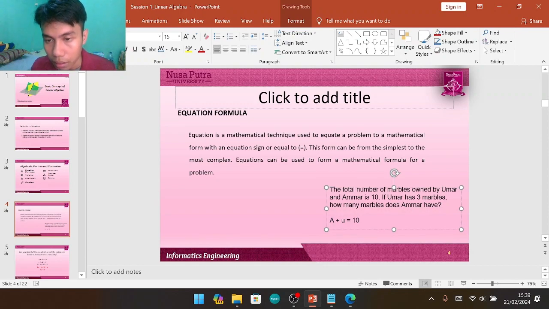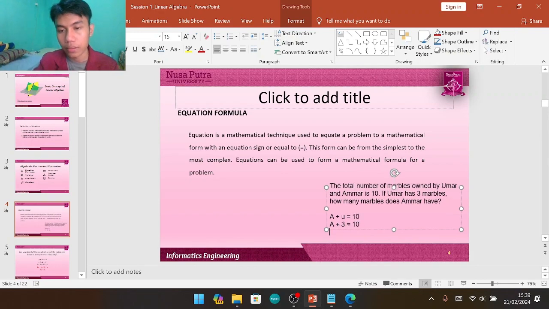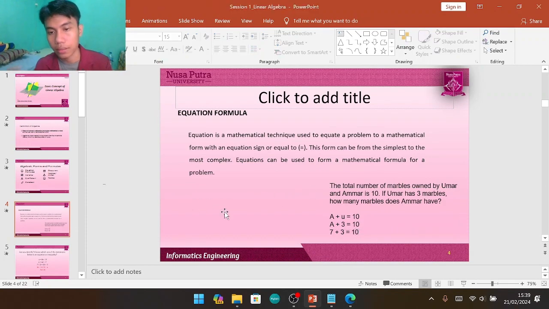And if Umar has 3 marbles, how many marbles does Ammar have? Thus Umar has 3 marbles, so the total is 10. So Ammar has 7 marbles, right? Because 7 plus 3 is equal to 10. Okay, so that's the equation formula.